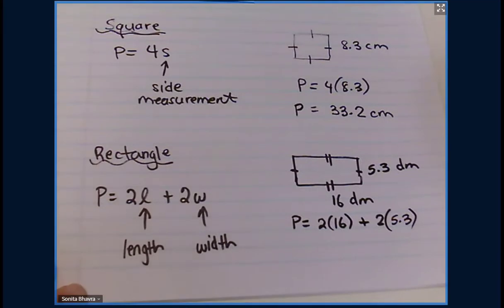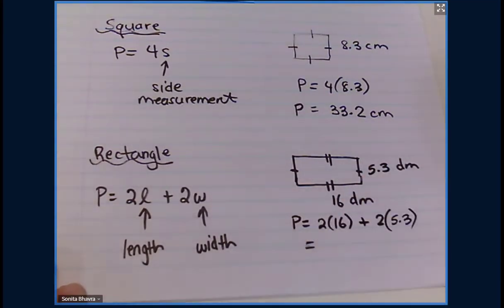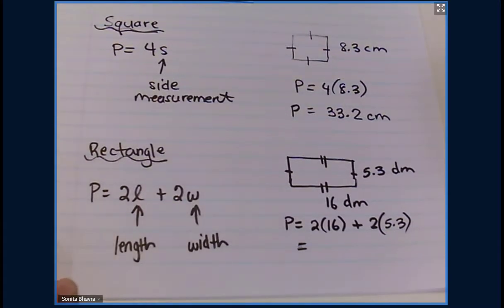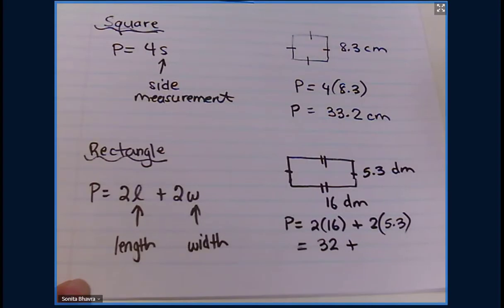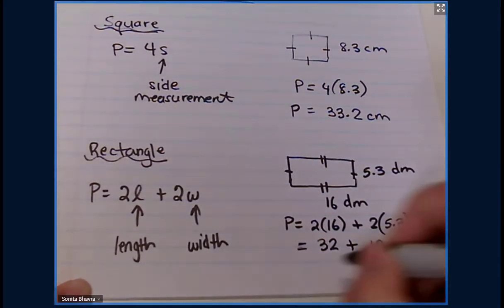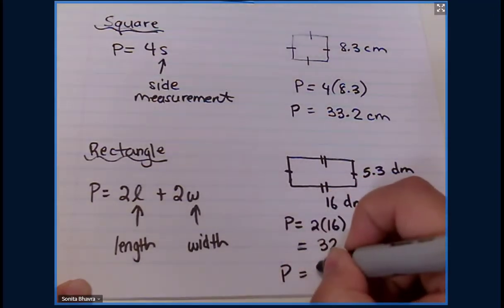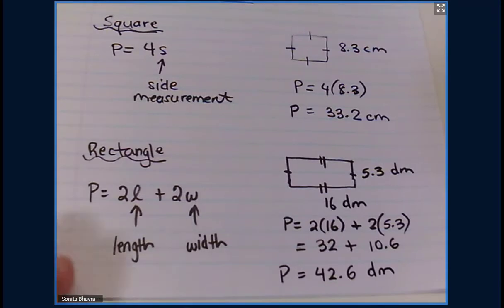Using your BEDMAS or order of operations, you do your multiplication first. So you'd have 32 plus 10.6, and then you add those together to give you a perimeter of 42.6 decimeters.